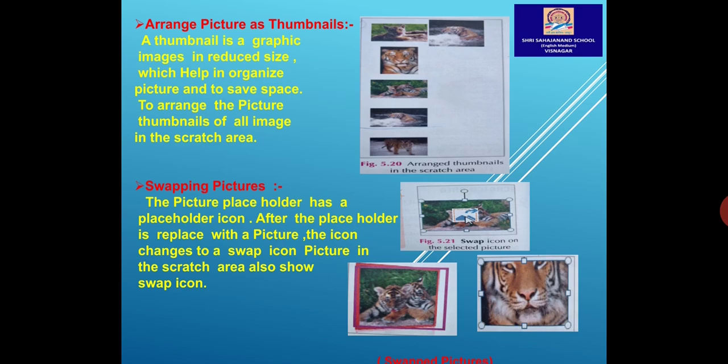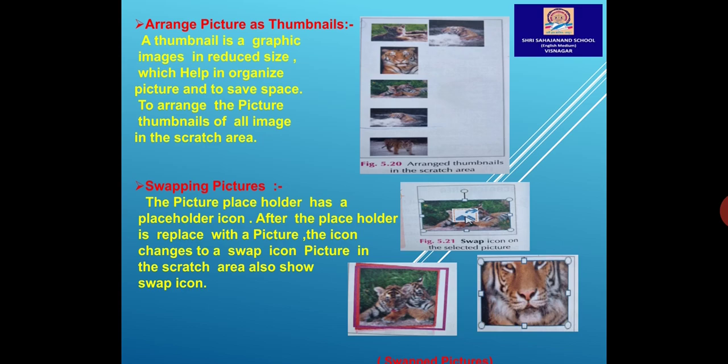For that, you have to follow some steps. First, click the Format tab under Picture Tools. Second step, click the Arrange Thumbnails button in the Arrange group. You can see the pictures get arranged in the scratch area. In this way, you can see the thumbnails in Publisher.